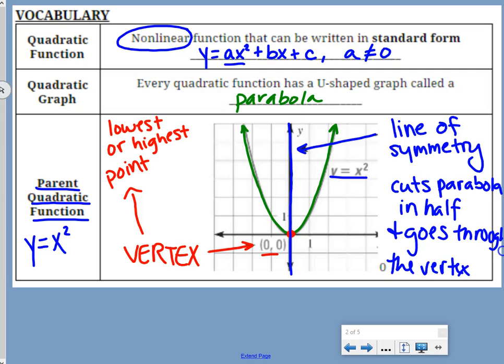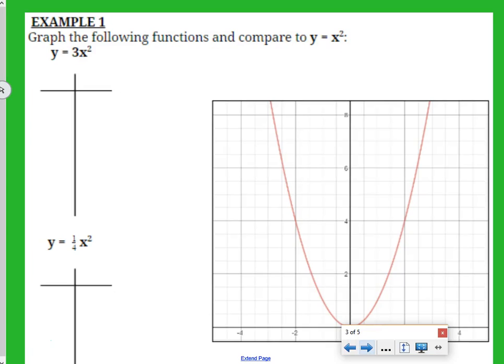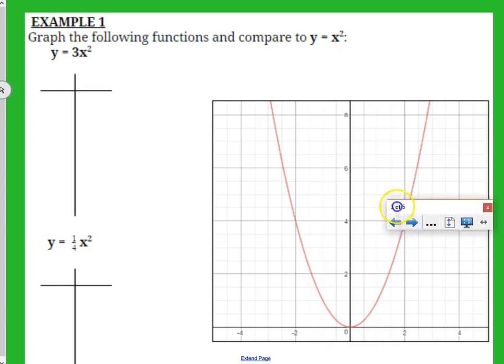Make sure you write all of this down. We're just going to get straight into graphing.